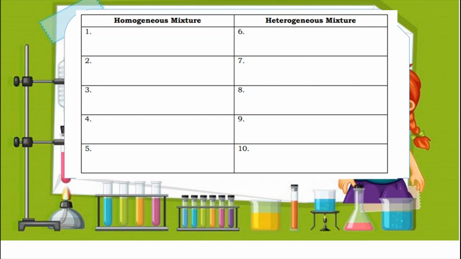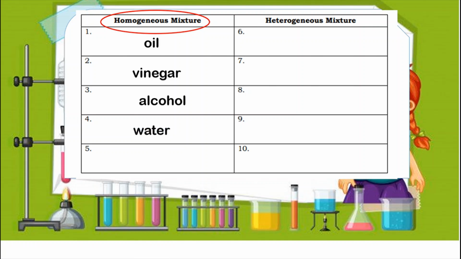Okay, number 1, ang si homogeneous, kay, of course, si oil, si vinegar, alcohol, si water, o si milk. Muna siya homogeneous mixtures based on the word dito nga nakita nato sa daghan kaayong mga letters.